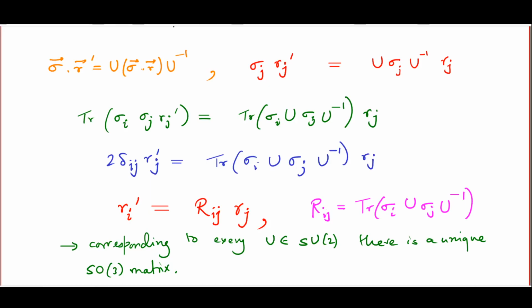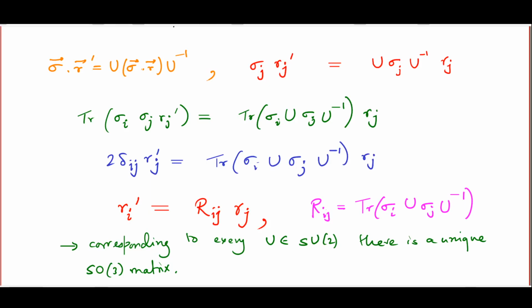And here it's important to realize that sigma i sigma j, the product, is delta ij times the identity, the 2 by 2 identity, plus i epsilon ijk sigma k. Once you take the trace of this, delta ij times the identity gives you delta ij times trace of identity, which is 2.